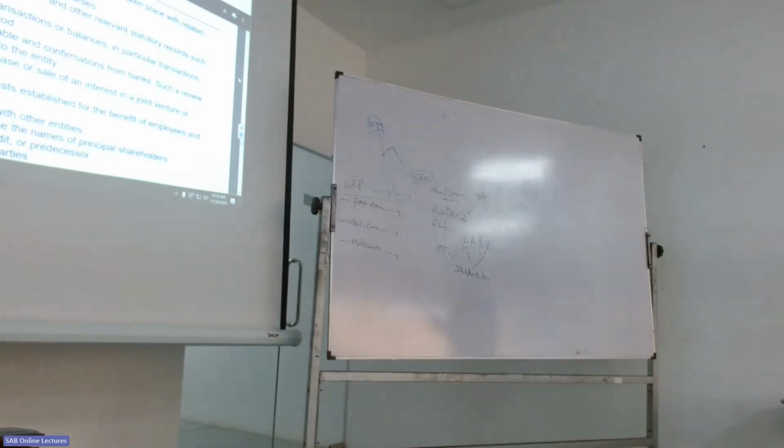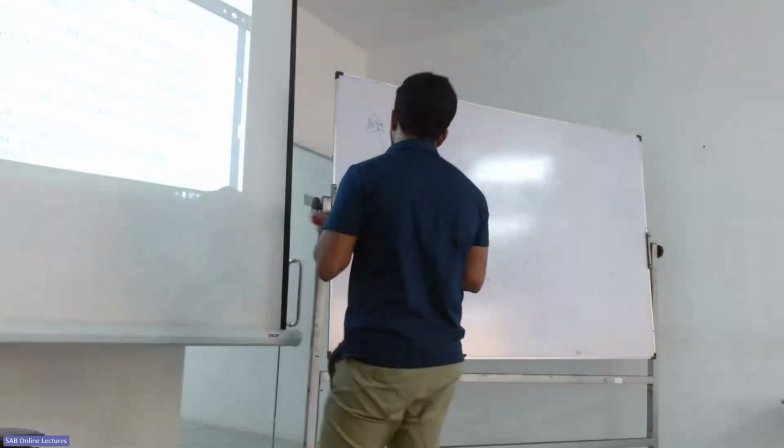All those are procedures you can perform. Basically, these are the procedures related to related party recognition, measurement, and disclosure. That process should be tested through substantive procedures, right? That's about related party transactions.